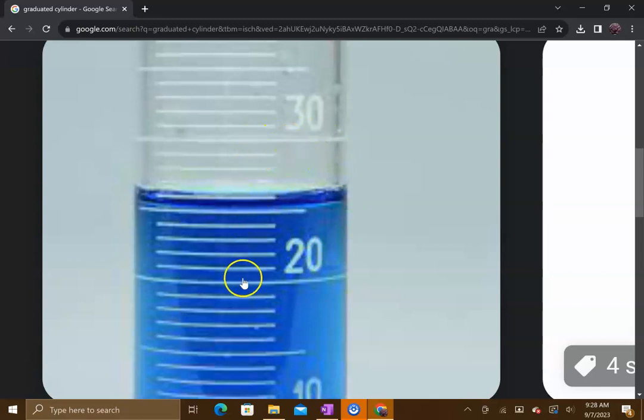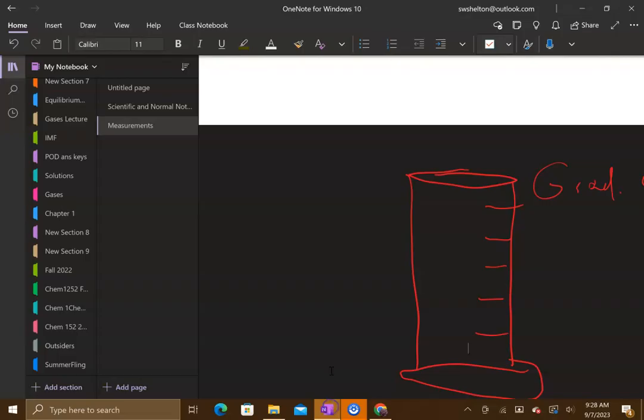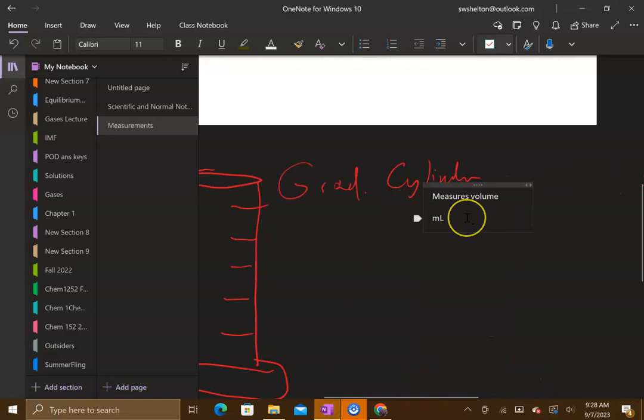So this goes up by 1 milliliter increments. So when you make a measurement with a graduated cylinder, what you typically do is the curve that's inside is called a meniscus, and you measure at the bottom of the meniscus.